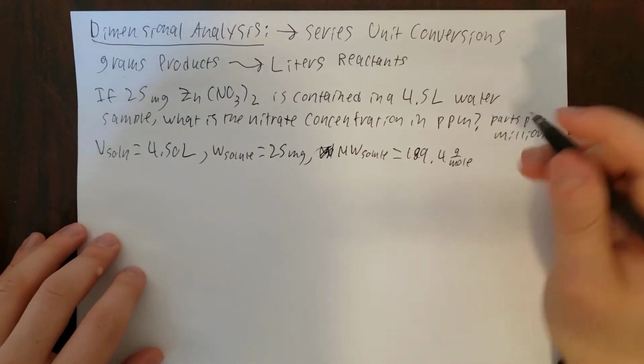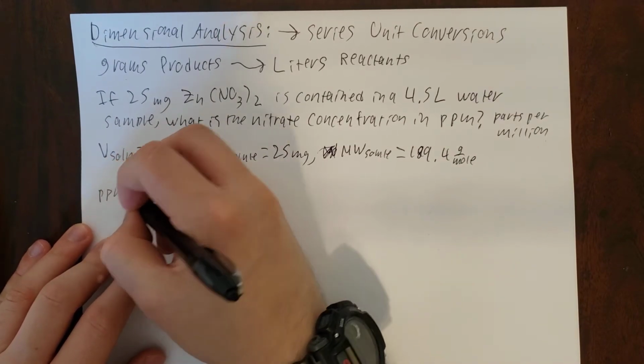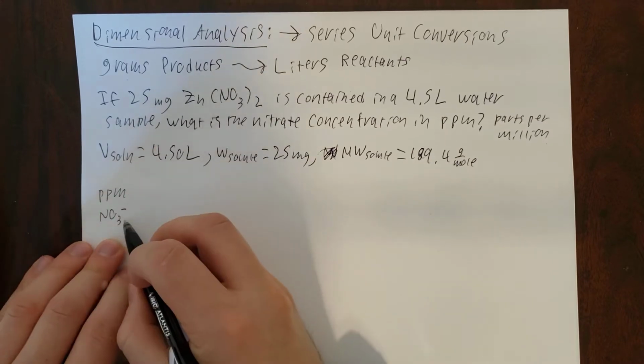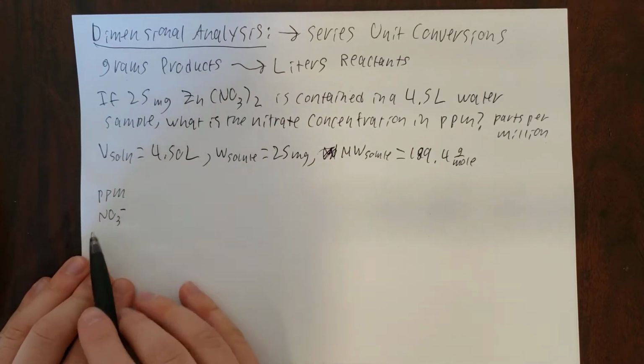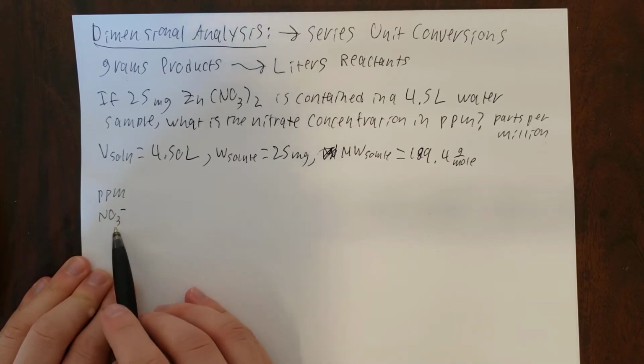So, what we can do is find the parts per million of NO3 minus. This is nitrate. NO3 minus is the nitrate anion.